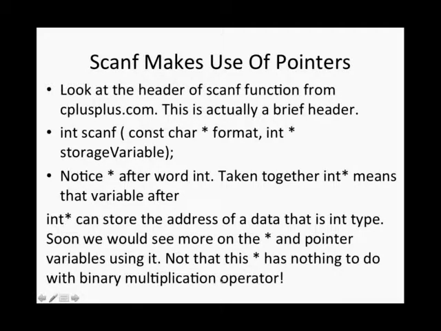Okay, so scanf already used pointers, that's why you're passing the address. If you're taking input for an int, here will be the format string, which is quotes %d, and then here you'll put the address of variable where you want data to be stored. That means this storage variable can store address of an integer variable.